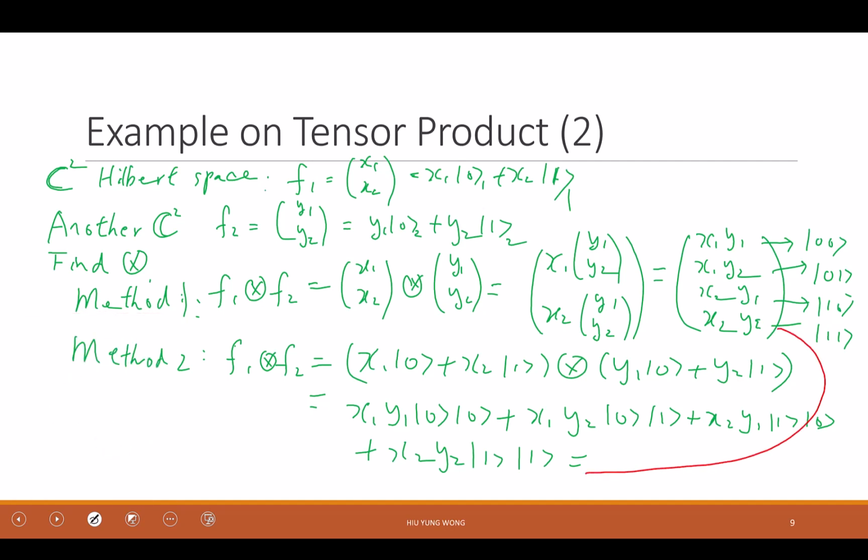Refer to here. Same, right? x1 y1 for 0 0. x1 y2 for 0 1. x2 y1 for 1 0. x2 y2 for 1 1. Okay, so very easy, right? Tensor product should be very easy. Don't make mistakes, okay? Any questions?